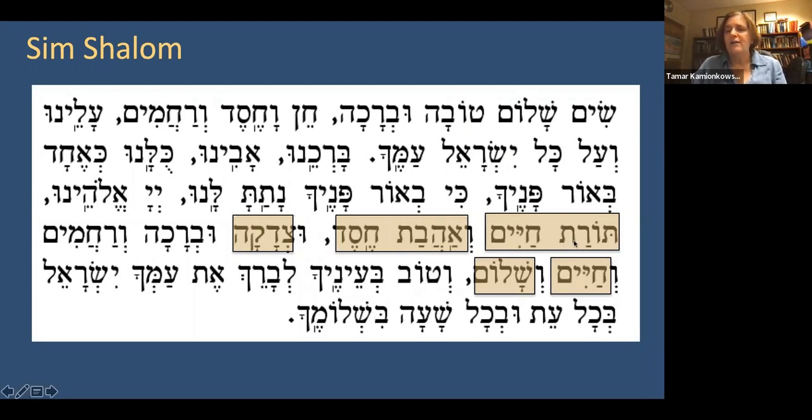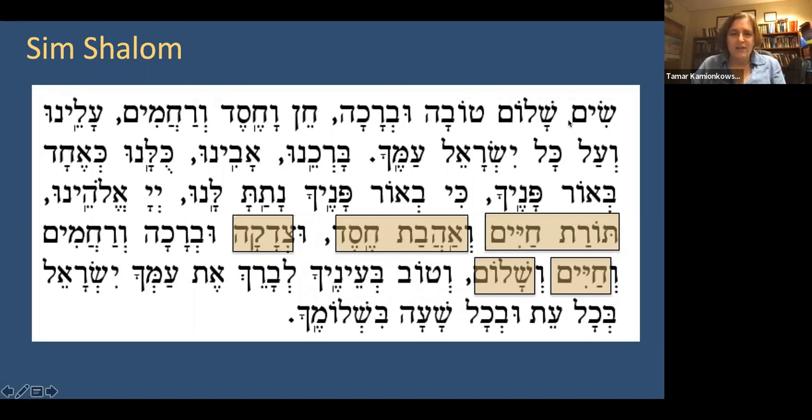So Torah, as soon as you attach it to another word, becomes Torat Chayim. And this is just a beautiful, beautiful image that one of the things that we crave from God is Torah of life, right? Torah that sustains.